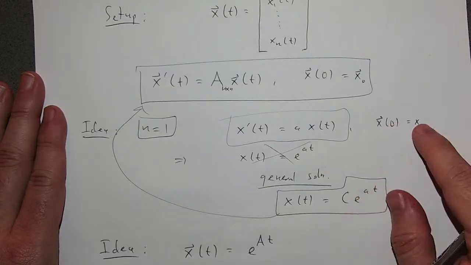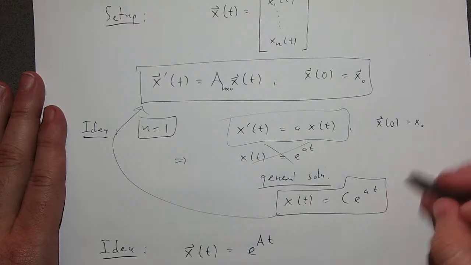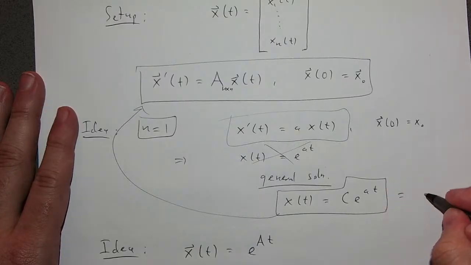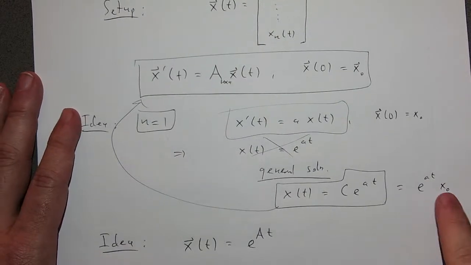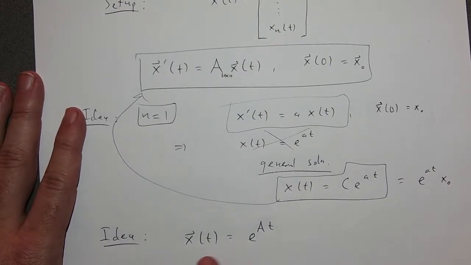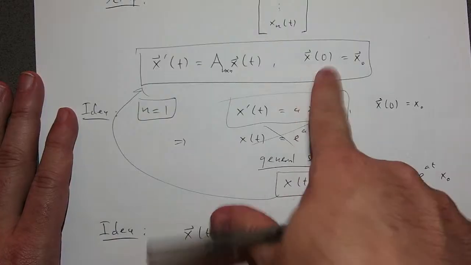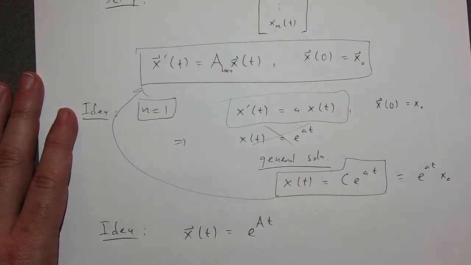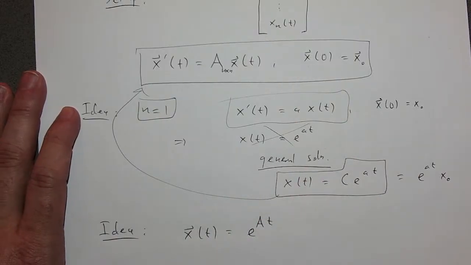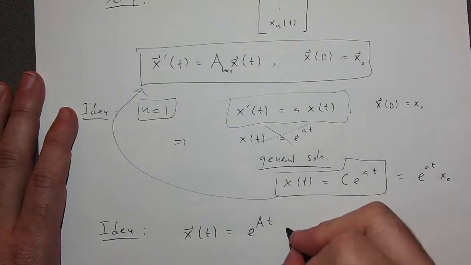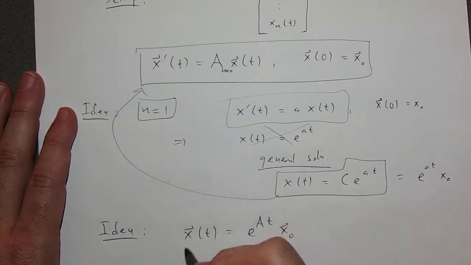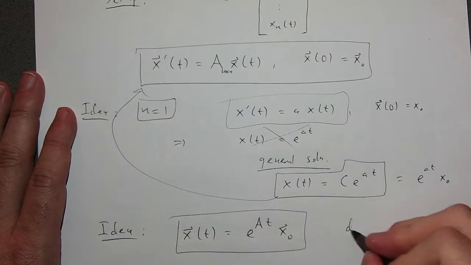This is 1 and this becomes x naught, so the unique solution, once I impose this, is e to the At times the number x naught. I'm doing this for a reason, because my idea is that the solution to this should be e to the At, if you like to call it that, times the vector x naught. Done.